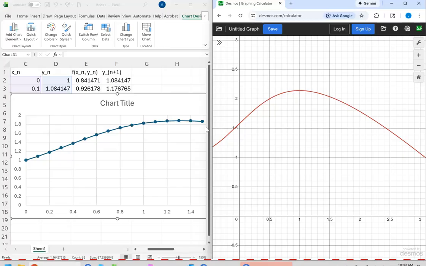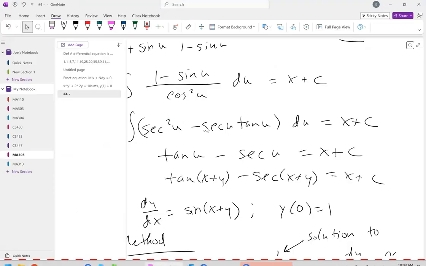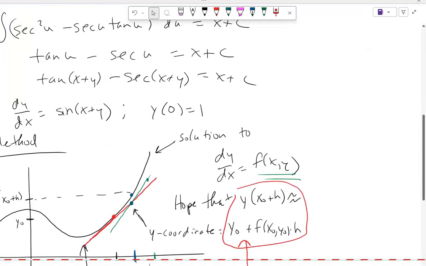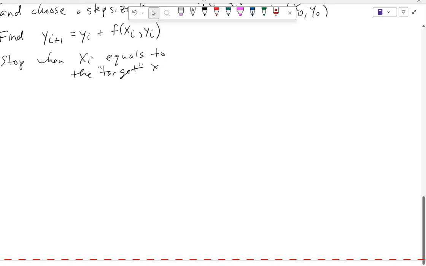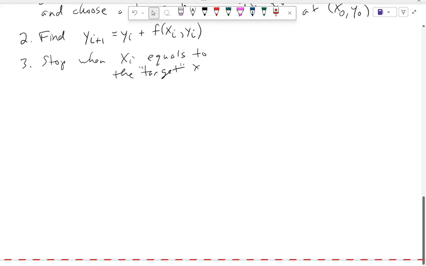Okay. So let's see if we can do some other ones here that are examples out of the book and see if we can compare the two. This is number 4 in your text in section 2.6.